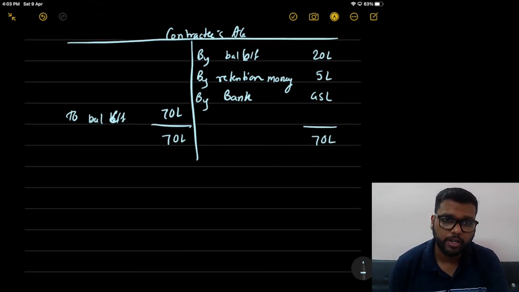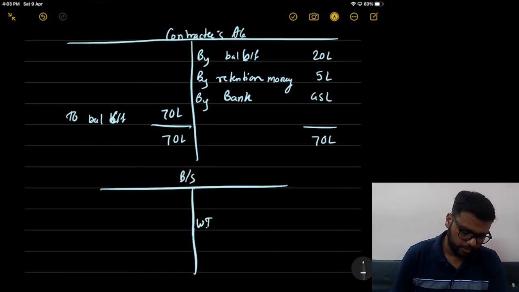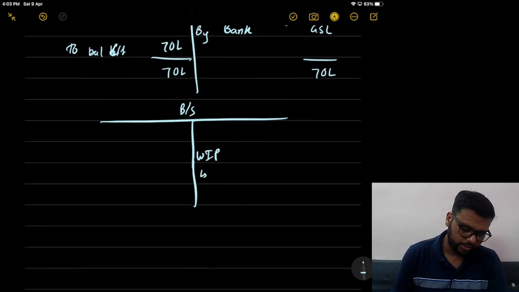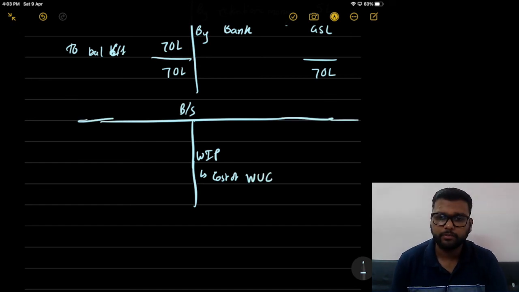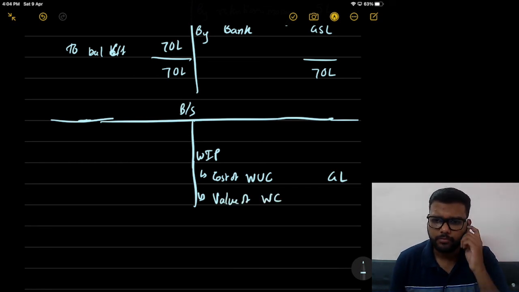If you check in contract account, because that will knock off in balance sheet now. In WIP, how much will we show as uncertified work cost? From contract account check. 4 lakhs is correct. And how much will we show as work certified value from contract account? 70 lakhs.